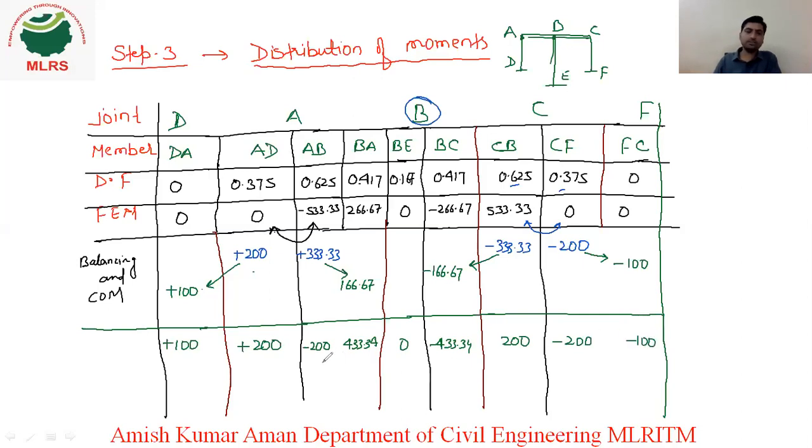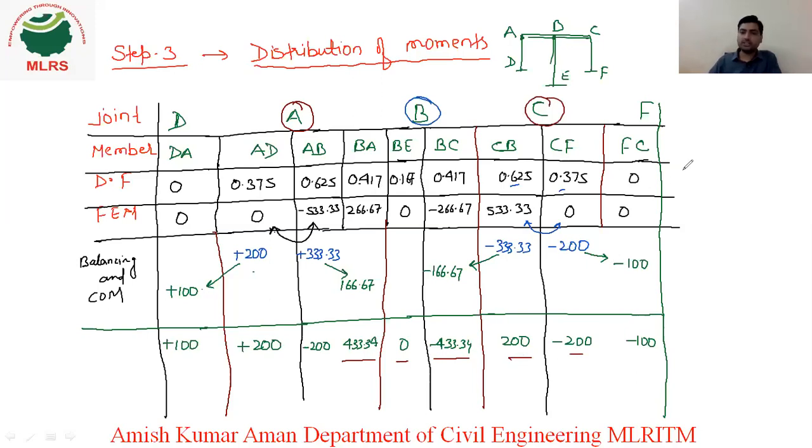If you see the joints, at joint A, 200 minus 200 is 0. At joint B, 433.34 minus 433.34 plus 0, the net moment is still 0. At joint C, 200 minus 200 is 0.